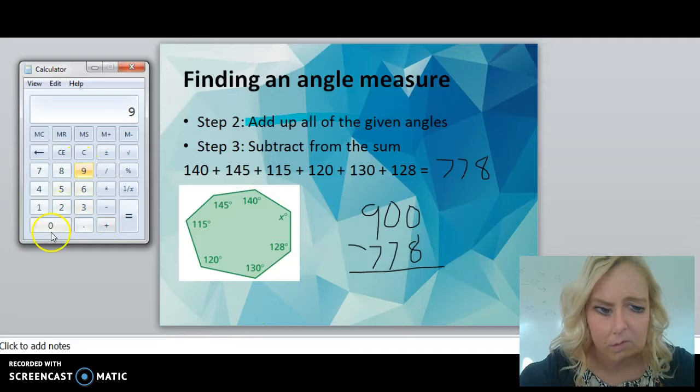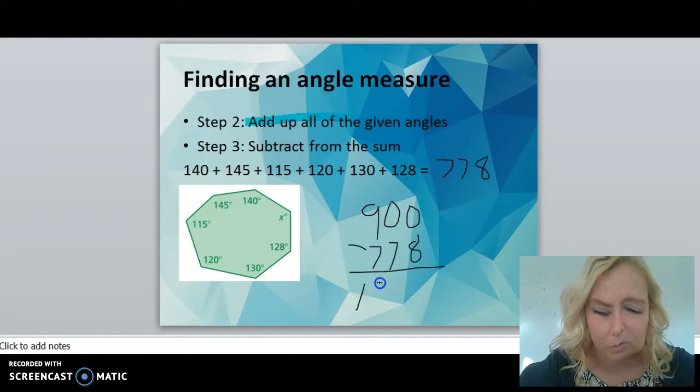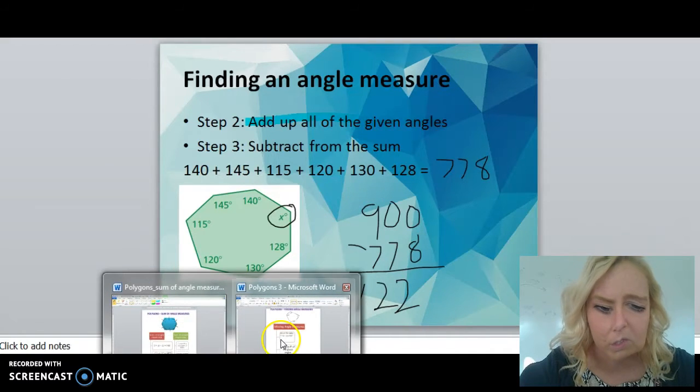So 900 minus 778 equals 122. So that means the angle measure is 122. So if I add up all of these angles, including 122, then it'll add up to 900 degrees.